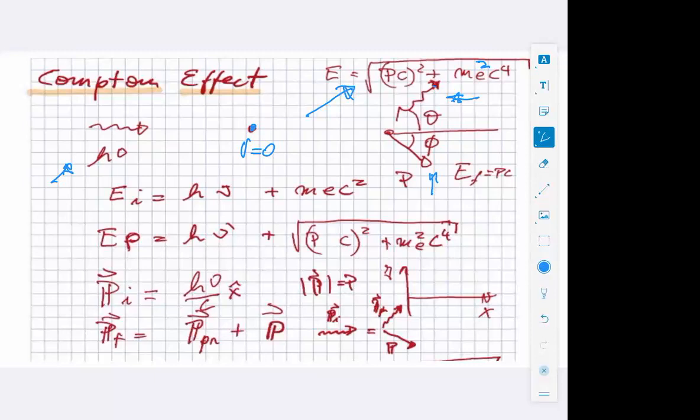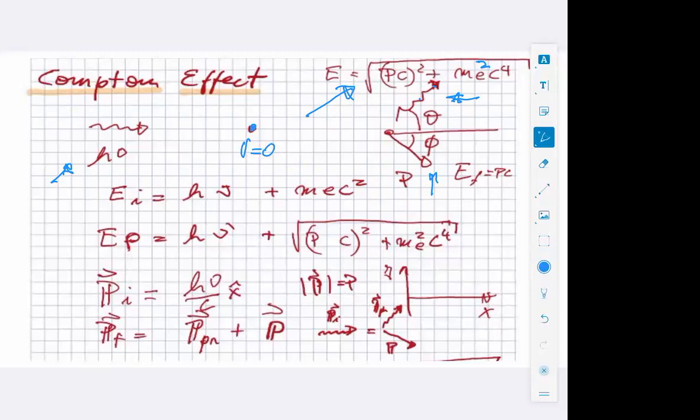They will come out in the lab frame with an angle theta with respect to the direction of incidence for the photon and an angle phi with respect to the direction of incidence of the X-ray in the case of the electron. So we will have an emitted electron and an emitted photon, a new photon. So this photon is going to disappear and a new photon appears. That's the key thing.